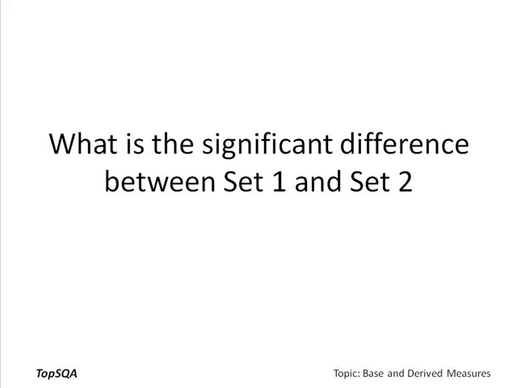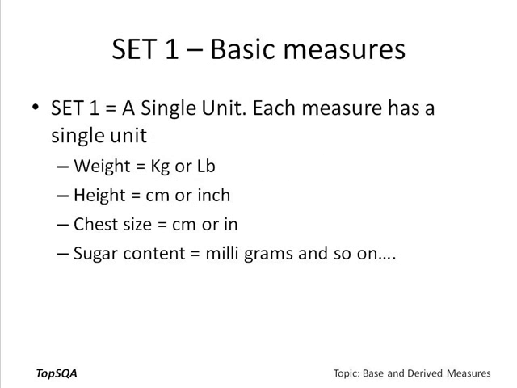The answer lies in the fact that set 1 are base measures, each one has a single unit associated with it, and it is a single absolute number. So for example, weight is represented as kilograms or pounds, but it is a single number. Similarly, height, chest size, and so on, these are absolute numbers.